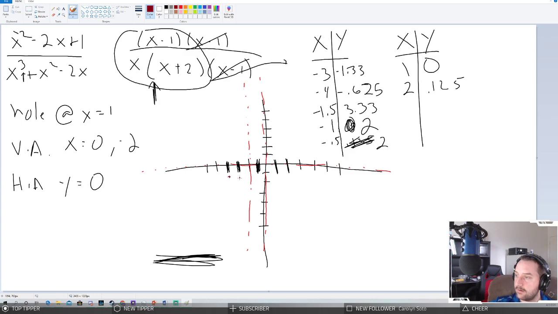Sorry, that should be here, and that should be here. So at -3, it's -1/3, about right there. And then at -4, it's about right there. So that means that following the asymptotes, my graph is going to do that.